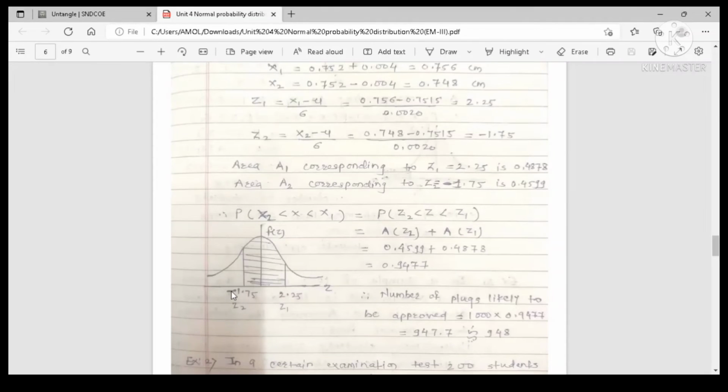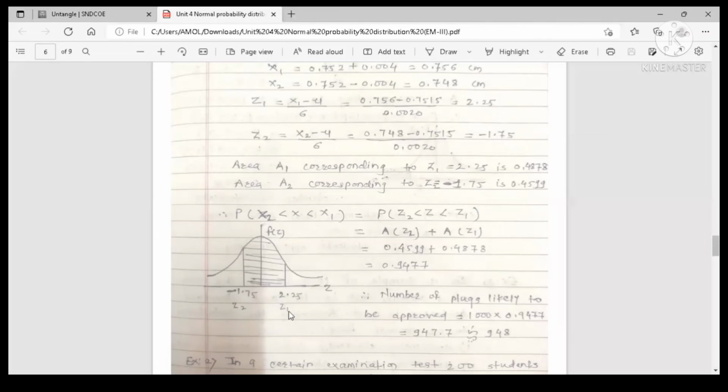Z2, minus 1.75, is here on the left-hand side, and z1, 2.25, is positive, so it lies on the right-hand side of the normal curve. Now we want the probability between z1 and z2, meaning you find the area between z1 and z2, because area is connected to probability. This shaded portion is the area between z1 and z2.